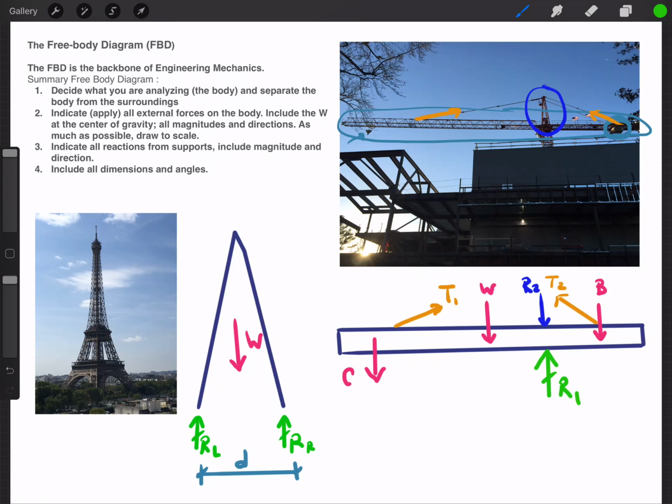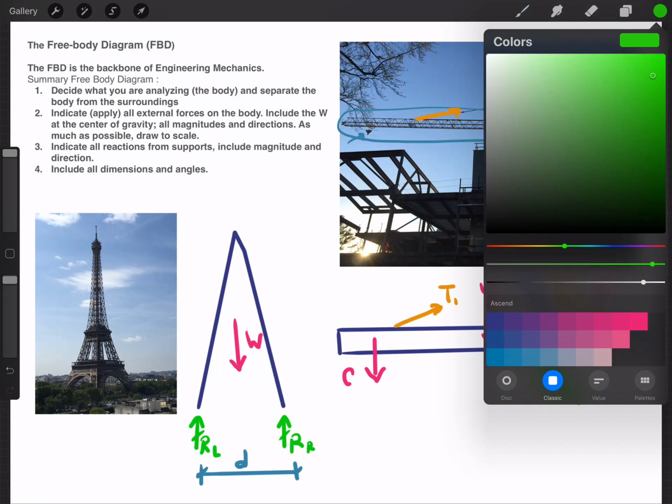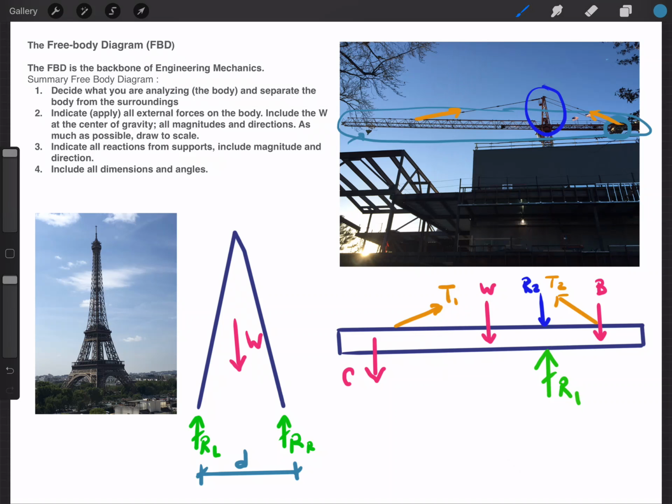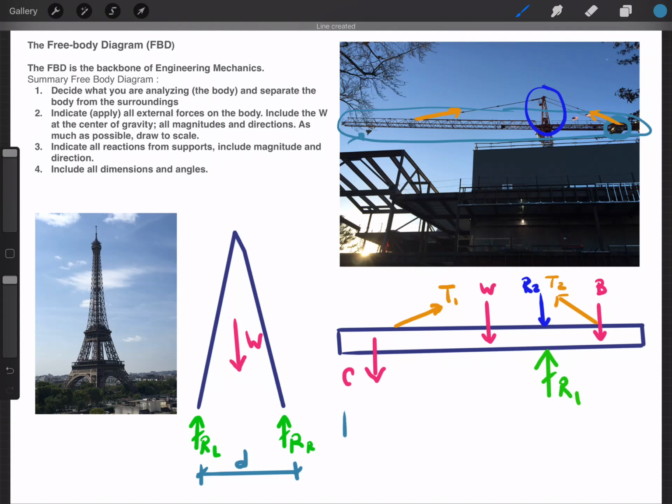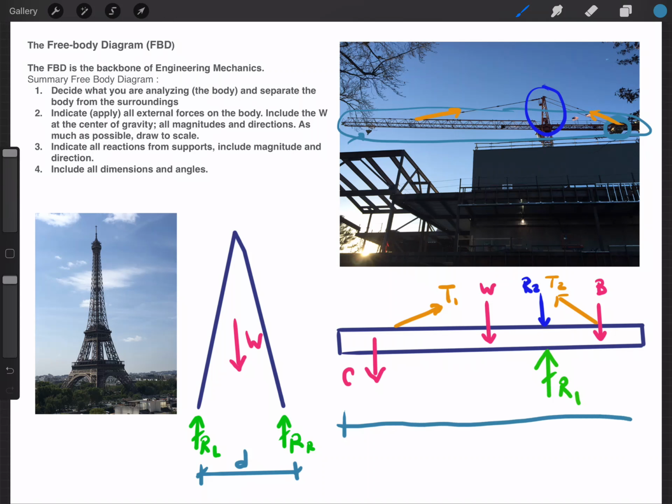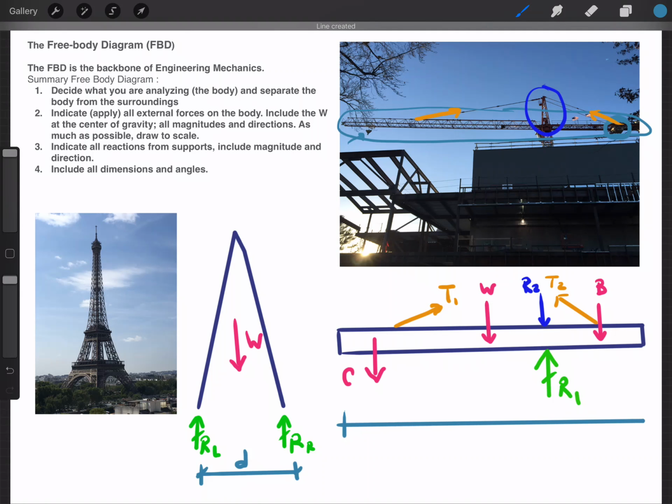All right, I think I have all the loads now that are included on this boom. And now we need to just add our dimensions and we can put those on here, our dimensions and our angles.